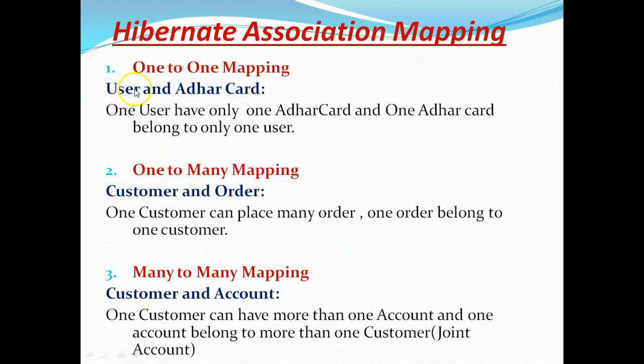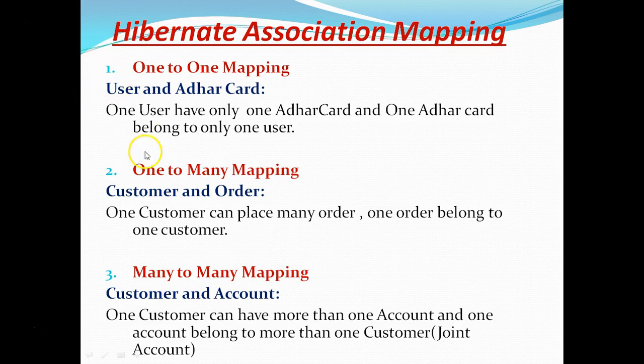For one-to-one mapping, I have an example of user and Aadhaar card. One user has one Aadhaar card, and one Aadhaar card has to be associated with only one user. This is the example of one-to-one mapping.